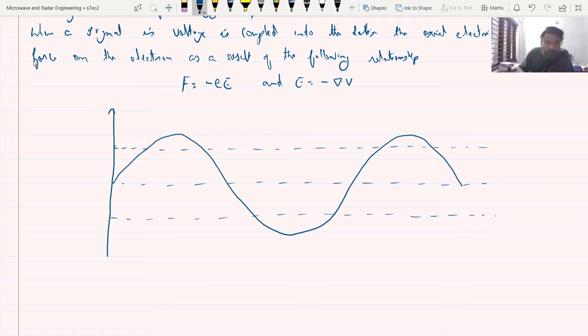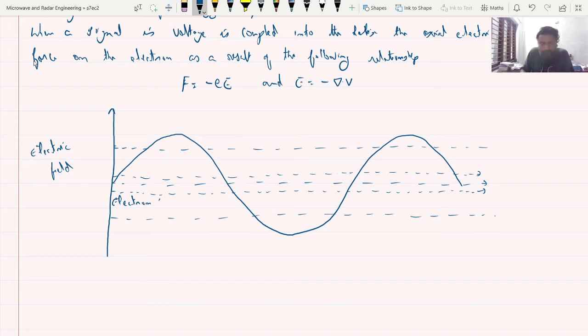So this is the electric field. These are electrons, the electron beam.